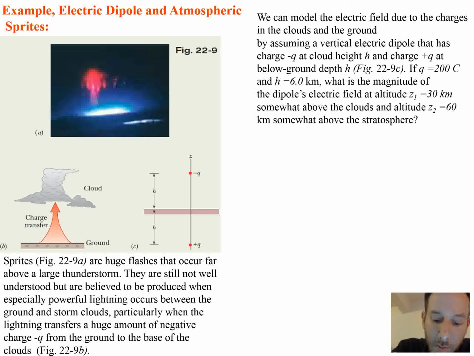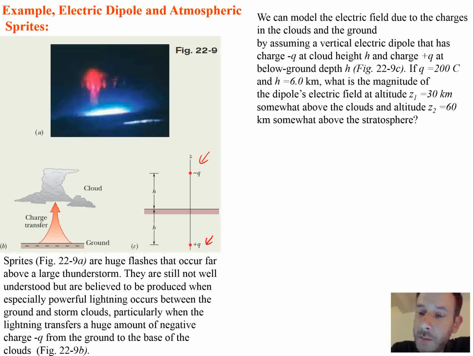All right, so you have some positive charge here, which is way underground, and some negative charge up here in the sky. And we'll just say, for simplicity's sake, that the h is going to be between both of them. Okay, so we can model the electric field due to the charges in the clouds and the ground by assuming a vertical electric dipole, as shown, that has charge of negative q with cloud height h and then positive q.